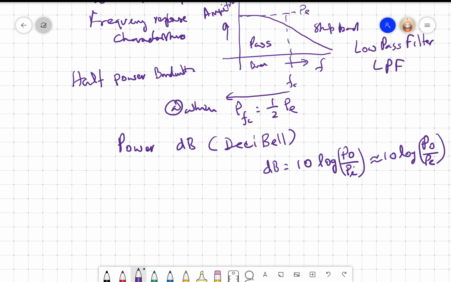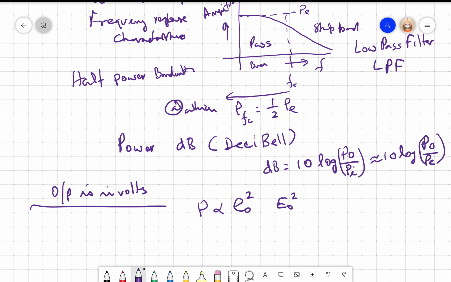But if I assume that the output amplitude is in volts, say I am getting the output of a transducer as a voltage output, then I know power is proportional to V naught square. Let me not use V naught because in this course we use V for velocity, so I will use EMF. So output E naught square. If I use RMS value as E naught, it will be E naught square. Anyway, it doesn't matter.